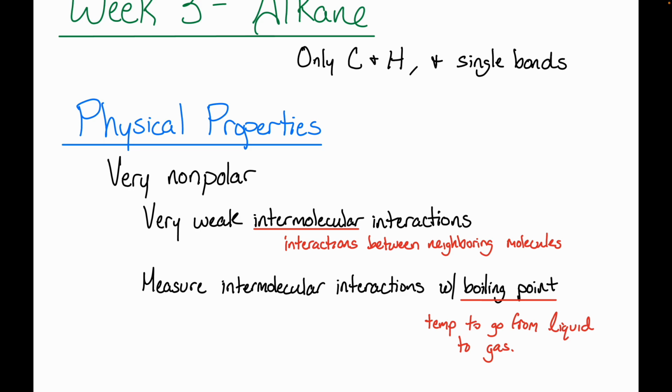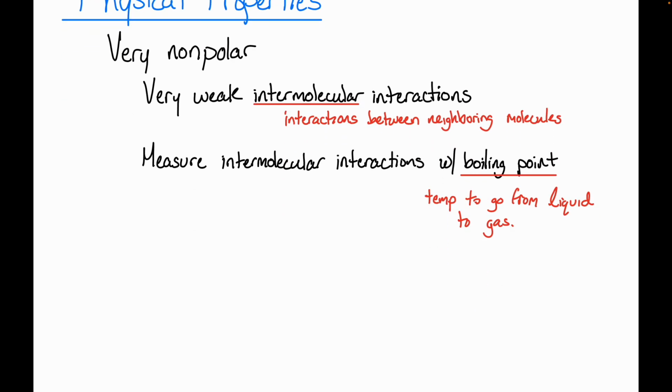So in order to go from the liquid phase, where they're all touching each other, to the gas phase, where they're all separated out, you have to break these intermolecular interactions. So again, temperature is a stand-in for just how strong those interactions are. Do we have to put in a lot of thermal energy, or do we not have to put in a lot of thermal energy?